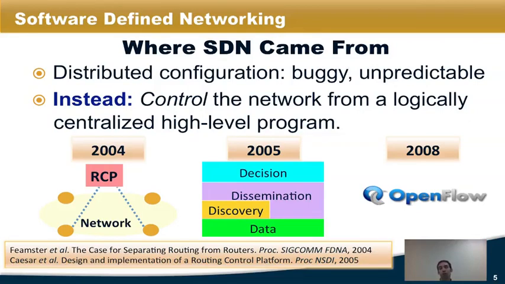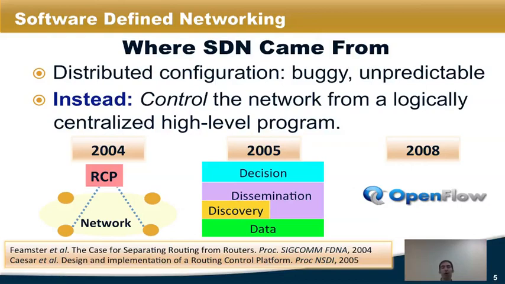In the 4D architecture, shown below, the data plane sits at the very lowest level and is responsible for forwarding network traffic. Sitting on top of the data plane are the discovery and dissemination planes. Discovery basically allows the network control point to discover what resources are available, and dissemination basically talks about how to discover a network topology.